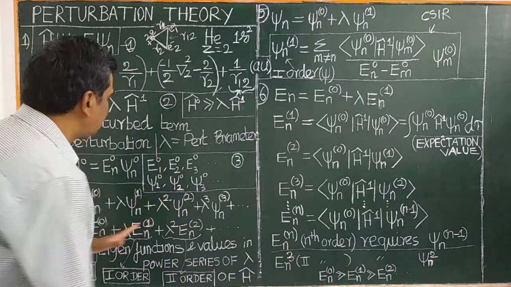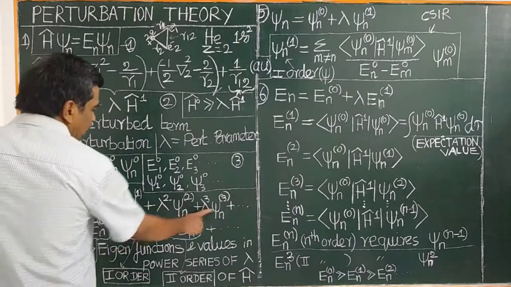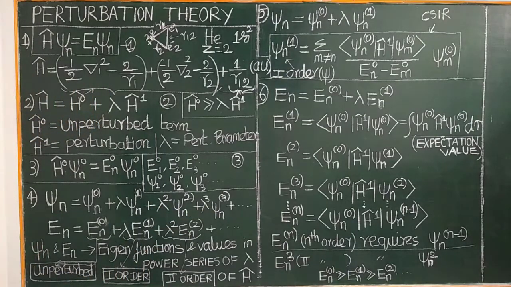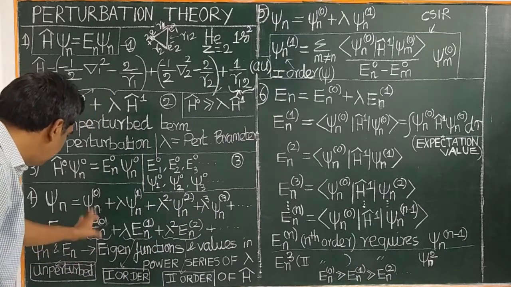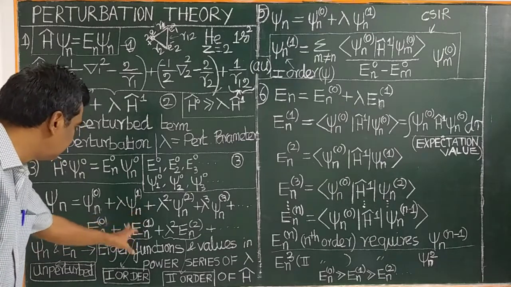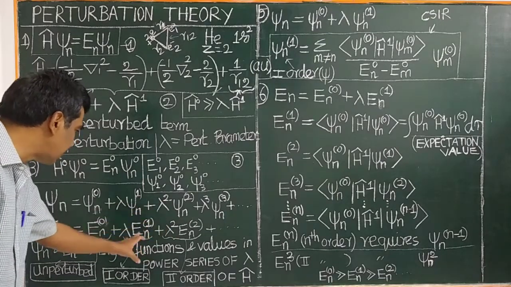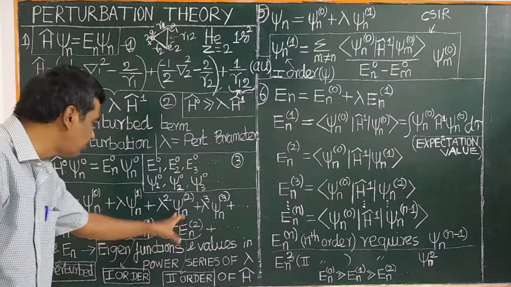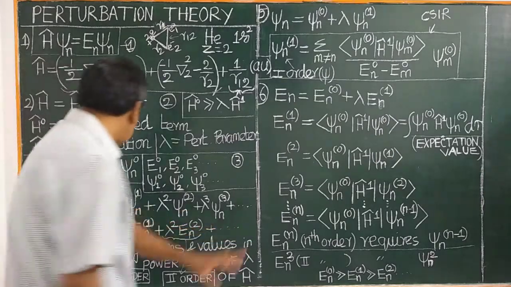If lambda equals 1, it will be simplified. Similarly, En equals En naught plus lambda En 1 plus lambda square En 2, and so on.